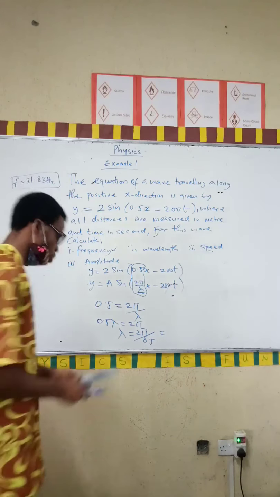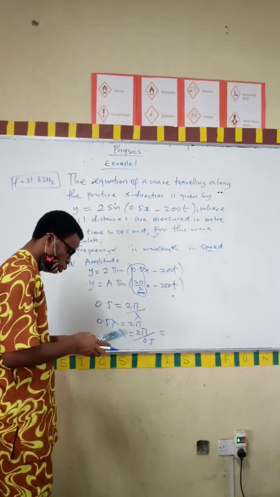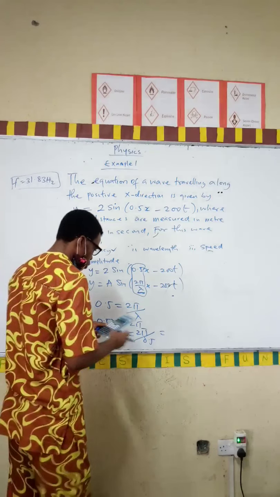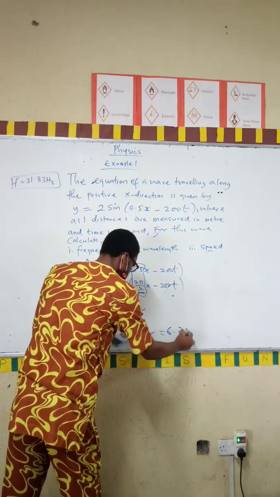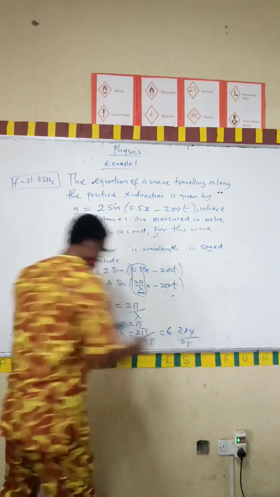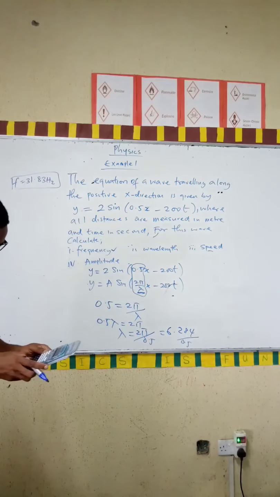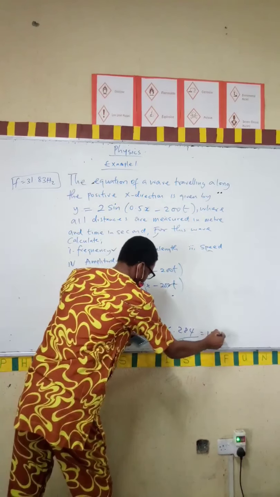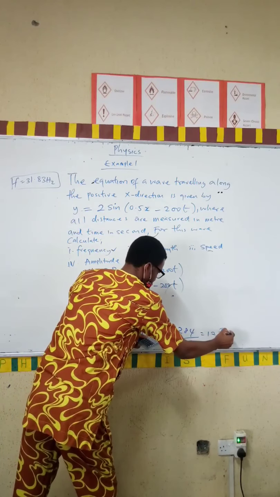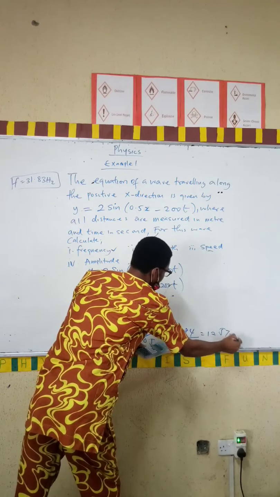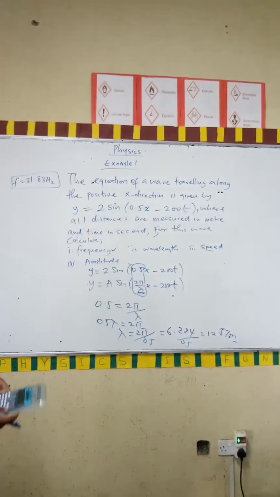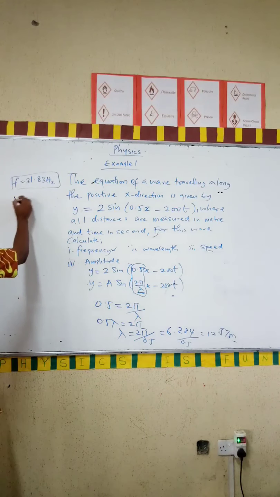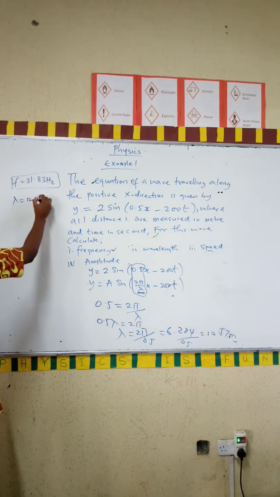So 2 times 3.142, you have 6.284 divided by 0.5. And you have 12.57 meter. So our wavelength is 12.57 meter.